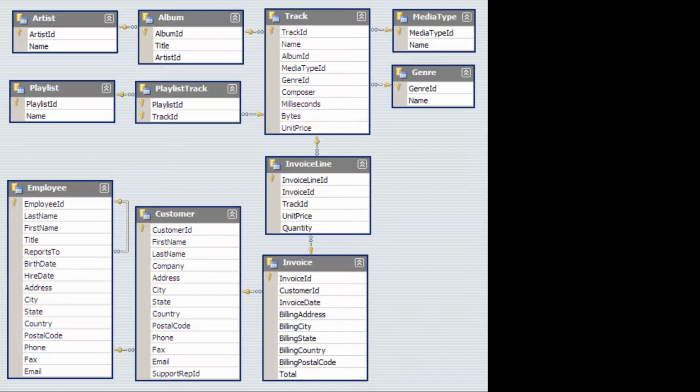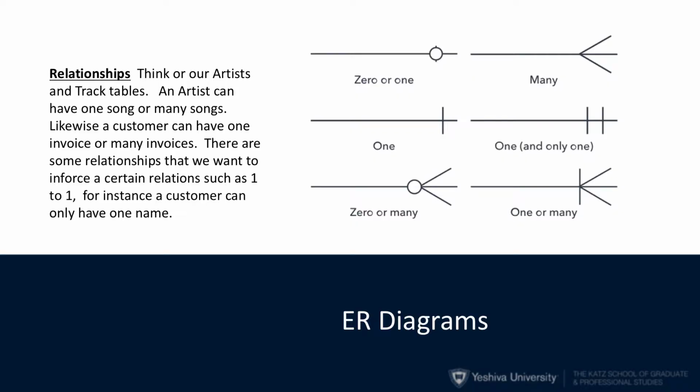But before we jump to a database model, we need to understand a few basic principles of ER diagrams. An ER diagram can depict relationships between entities, or in our case, tables. For example, let's think of our artists and track tables. An artist can have one song, can have multiple songs, or maybe we don't have any songs at all.